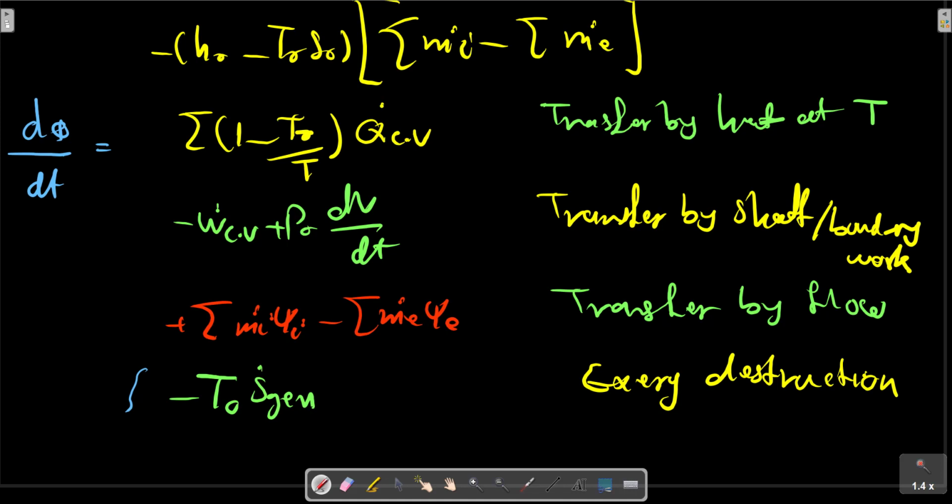The rate equation for exergy can be stated verbally like all other balance equations.